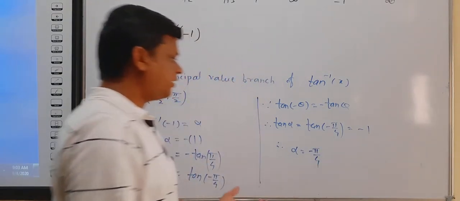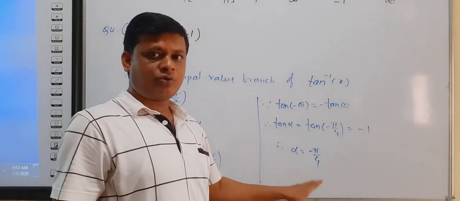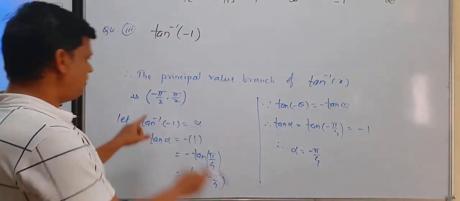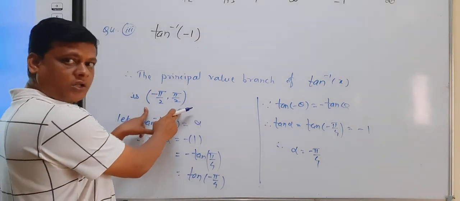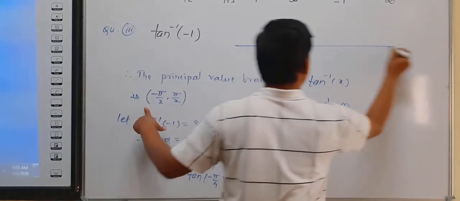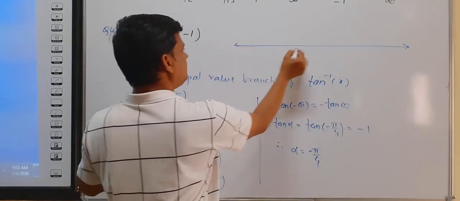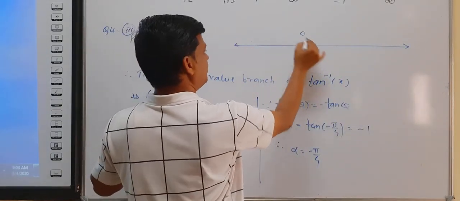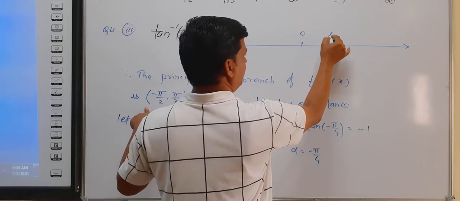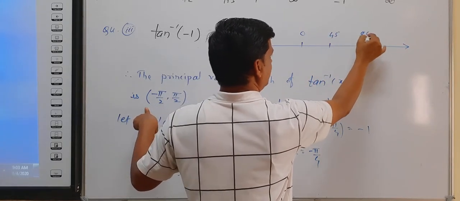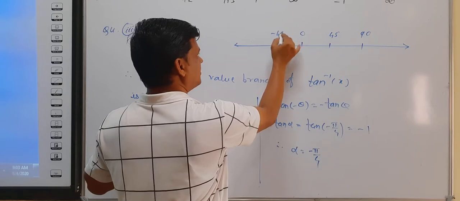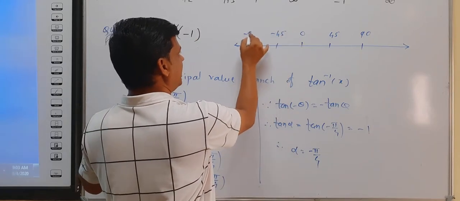Now we have to check whether this minus pi by 4, that is minus 45, belongs to this interval or not. You can manually check. Here is 0, here plus 45, plus 90, here minus 45, minus 90.